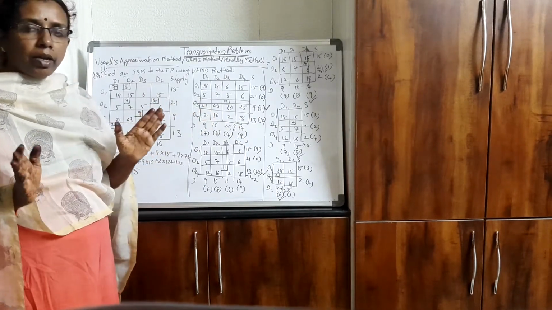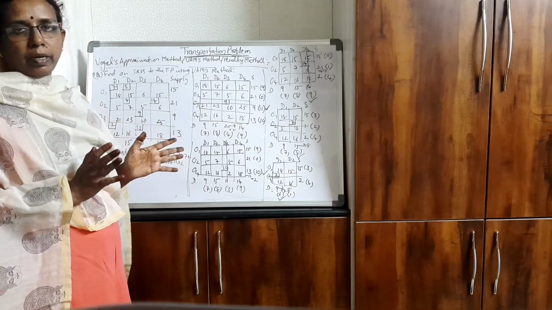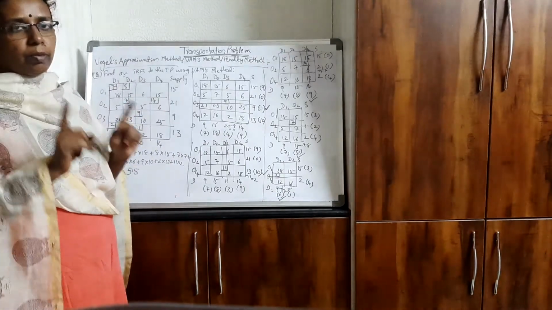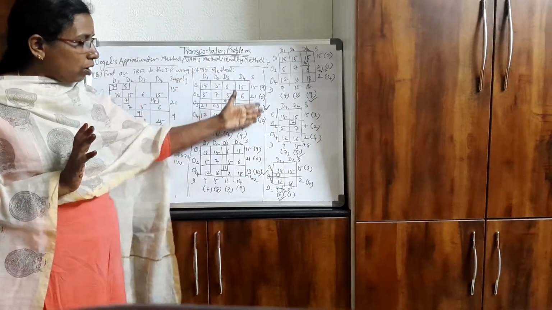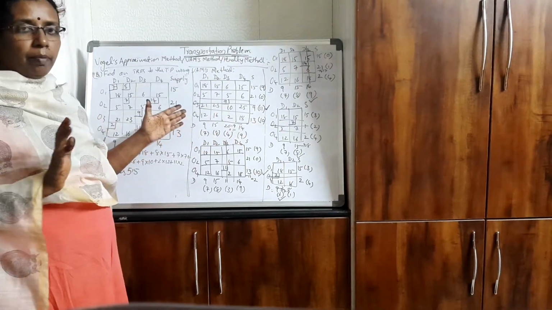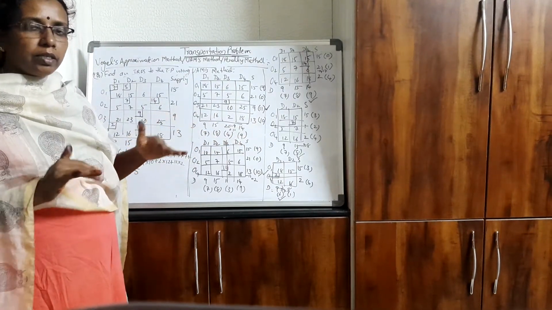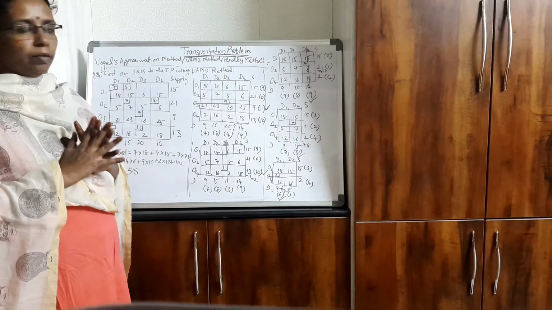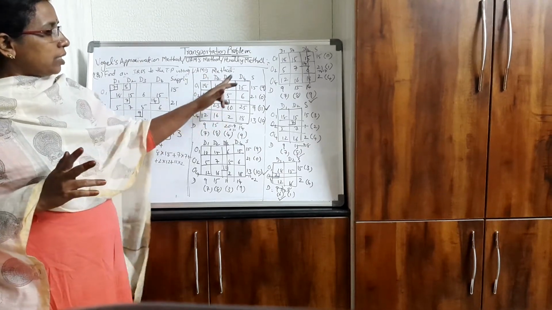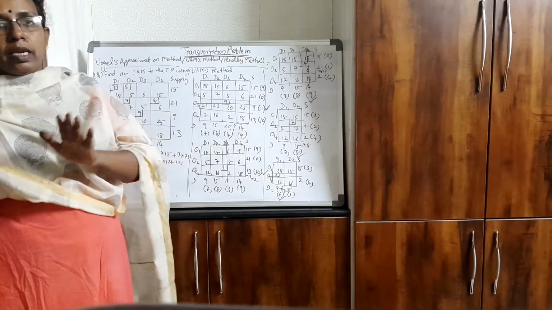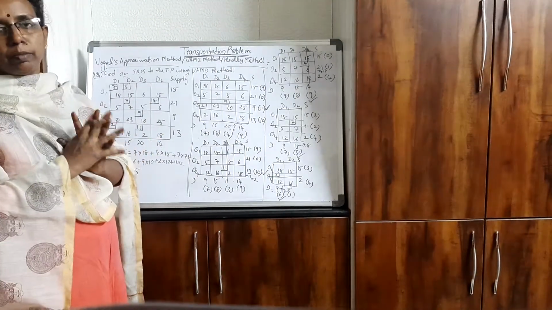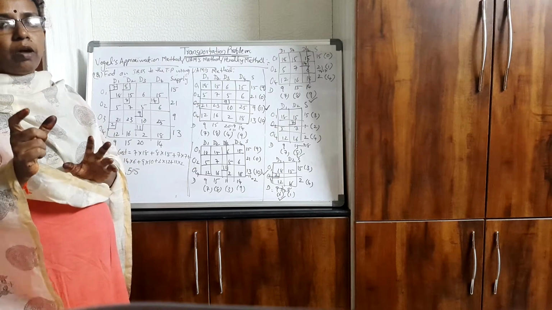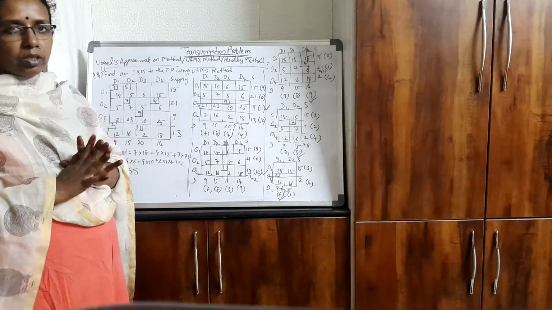Once you calculate row wise and column wise penalties, select the maximum of all these penalties, that is, the maximum of row wise penalties and column wise penalties put together. After selecting the maximum penalty, select the minimum cost corresponding to that maximum penalty, and you have to allocate at that minimum cost.